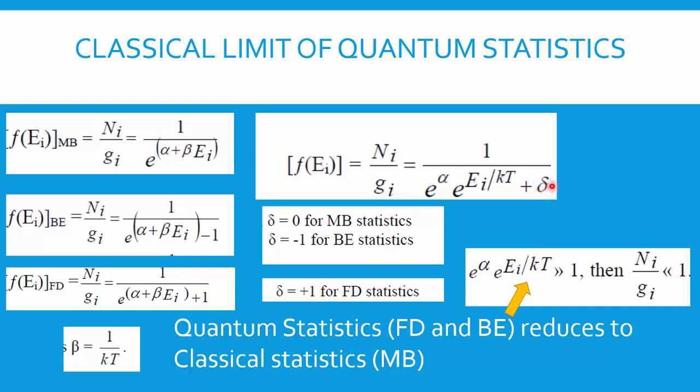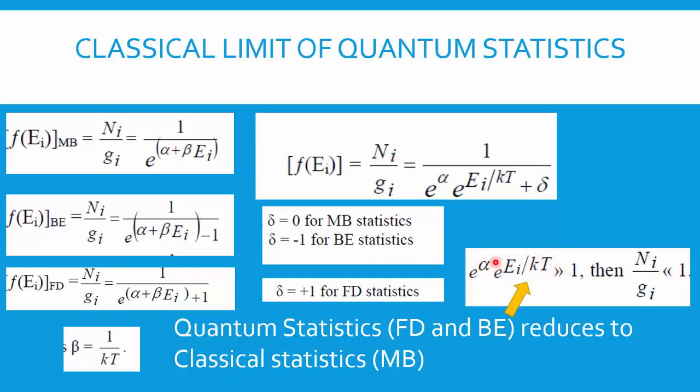Now under which condition can this delta be neglected or taken as 0? I can say that delta can be neglected if this expression is much greater than 1. When does this happen? This happens when temperature is high.